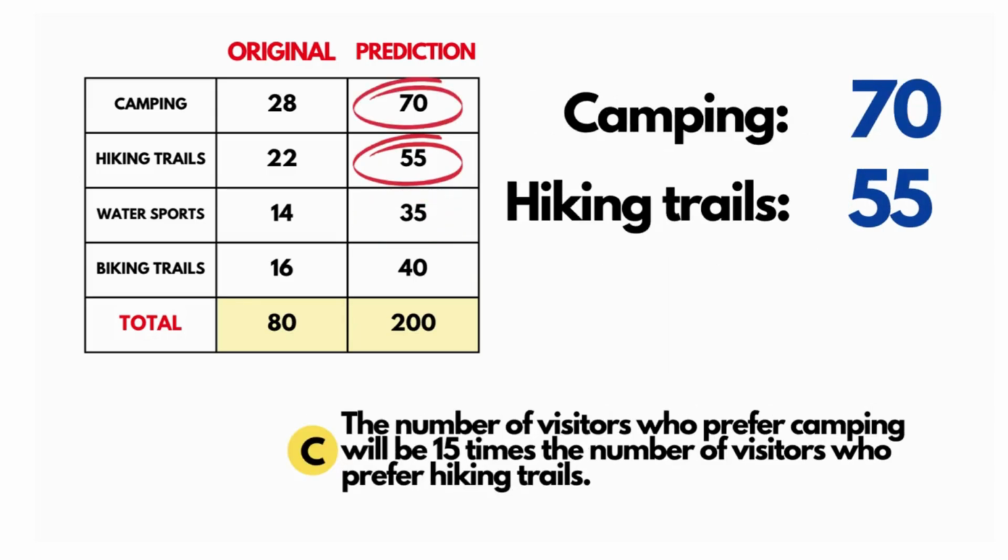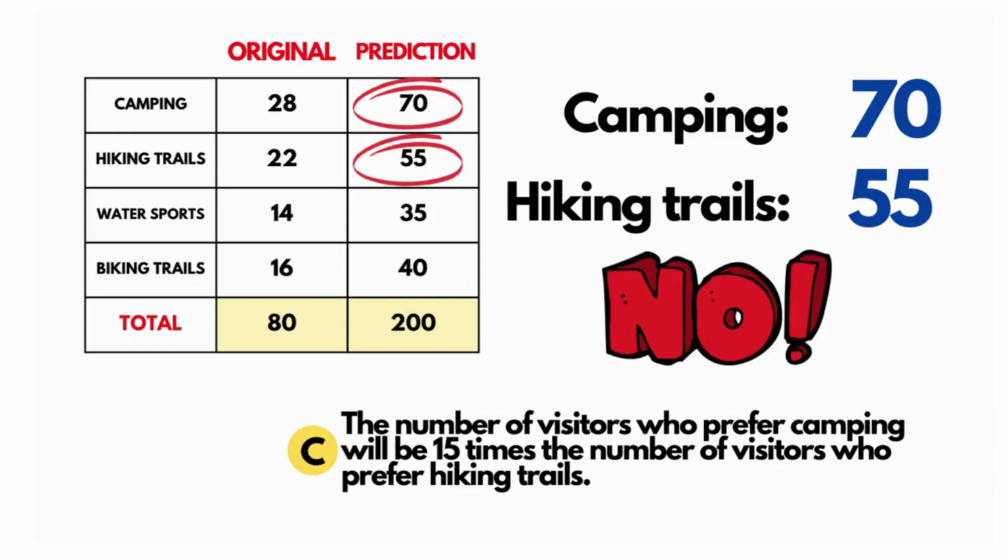All right, C. The number of visitors who prefer camping will be 15 times the number of visitors who prefer hiking trails. It looks like camping is more, but it doesn't say 15 more, it says 15 times more. So you're taking that times 15, not adding 15. A little tricky in the reading, but that's not going to work either.